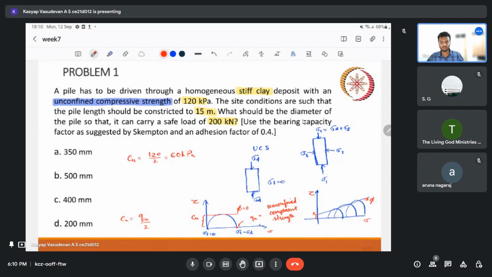They might give Cu directly, or they might use the term undrained shear strength. Undrained shear strength is Su equal to Cu plus sigma tan phi. When we are talking about clay, phi is 0, so we have nothing but Cu.